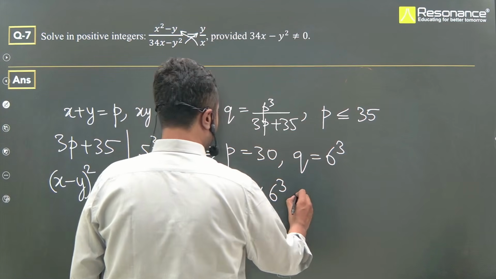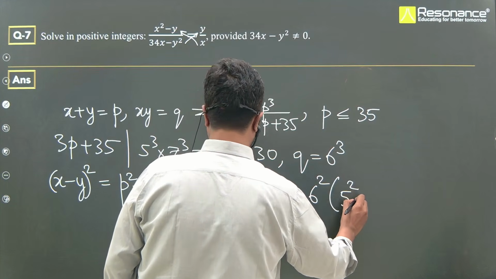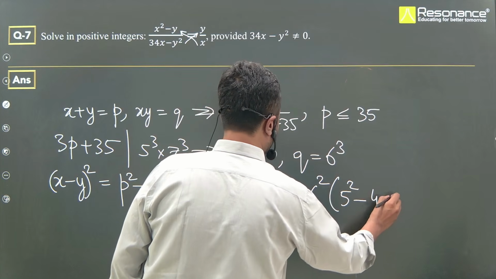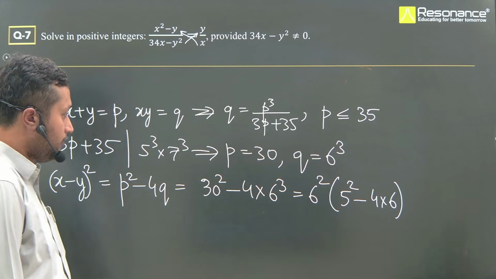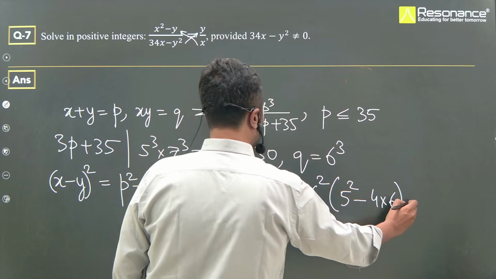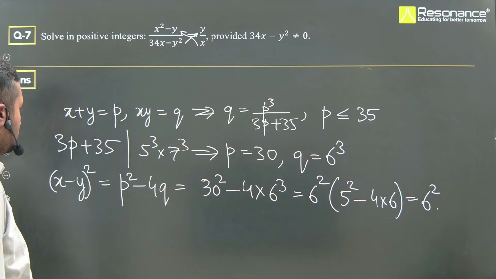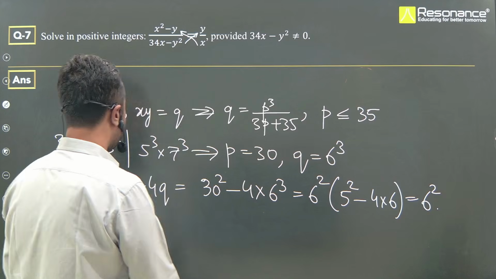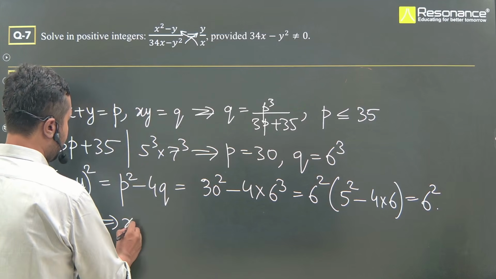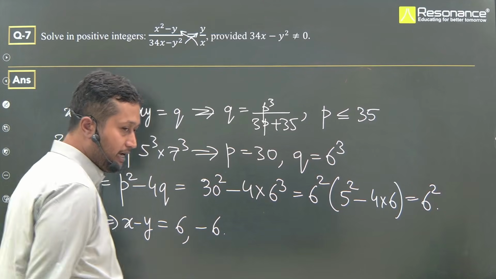So we can take 6 square common. We are left with 5 square minus 4 times 6. 5 square is 25, that's 24, so that is 1, which means this is 6 square. So x minus y whole square is 6 square. So that tells us that x minus y is either 6 or minus 6.